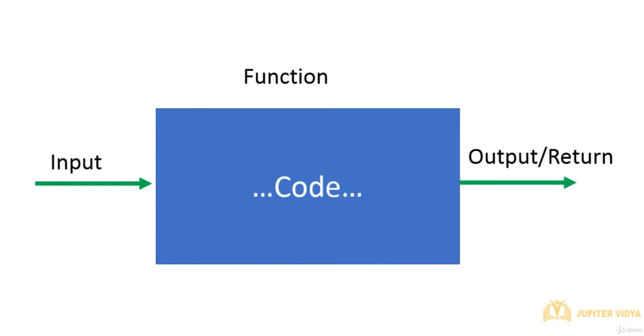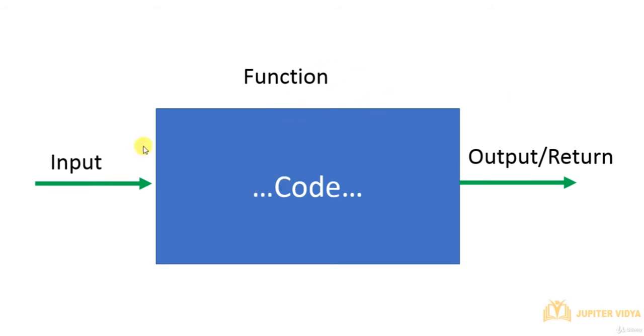Then that much money will come out of the ATM. That is the output or return. So the ATM returns the money, however much you entered. That is the way a function works.